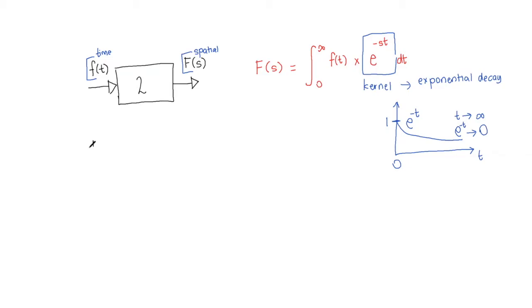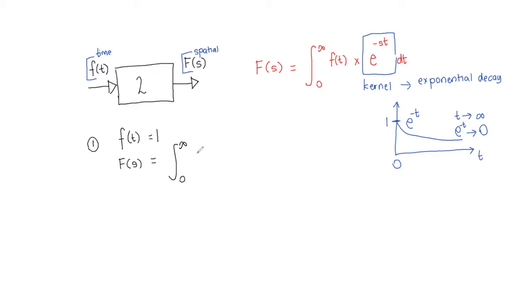Yeah. Assuming you have a signal which is static in the time domain at 1. Okay. So your function in the time domain f(t) is equivalent to 1. Now, your F(s), which is the function in the spatial domain, we will apply Laplace transform, which is an integral function from 0 to infinity.